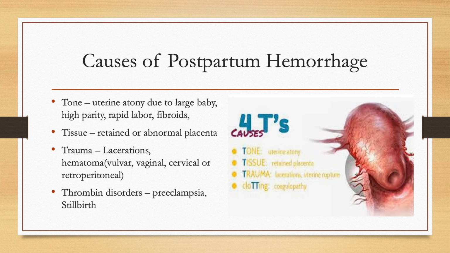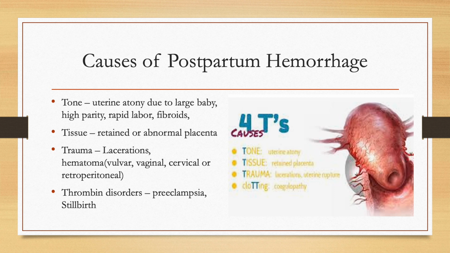Again, important to educate our patients so that they know what normal lochia looks like. And if they have tissue that's coming out, that means they have retained placenta and it must be addressed. Trauma, lacerations, a hematoma. This can occur due to a shoulder dystocia or just a difficult labor, okay? So we need to make sure that we monitor that.